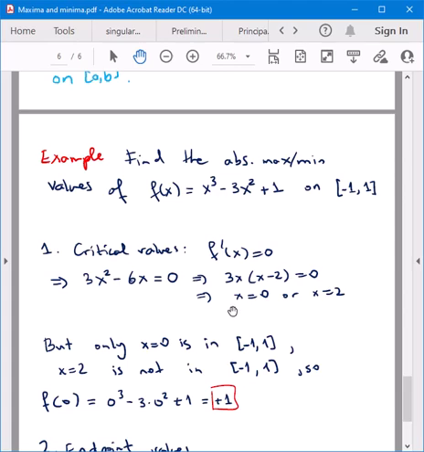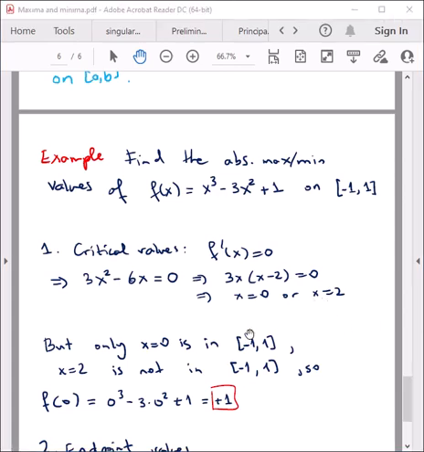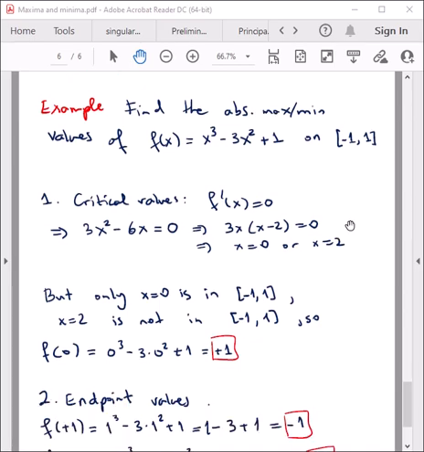And then x equals 0 or x equals 2. But if we look, only x equals 0 is in the interval minus 1 to 1, but 2 is not in this interval. So we only take care of x equals 0, but we ignore x equals 2 because x equals 2 is not in the interval.